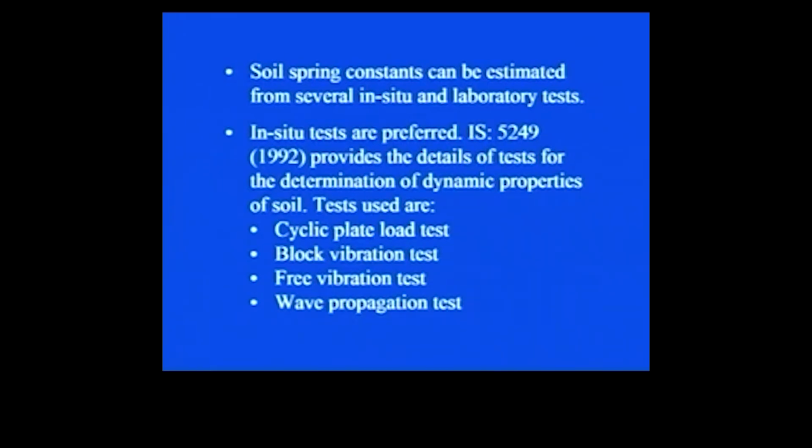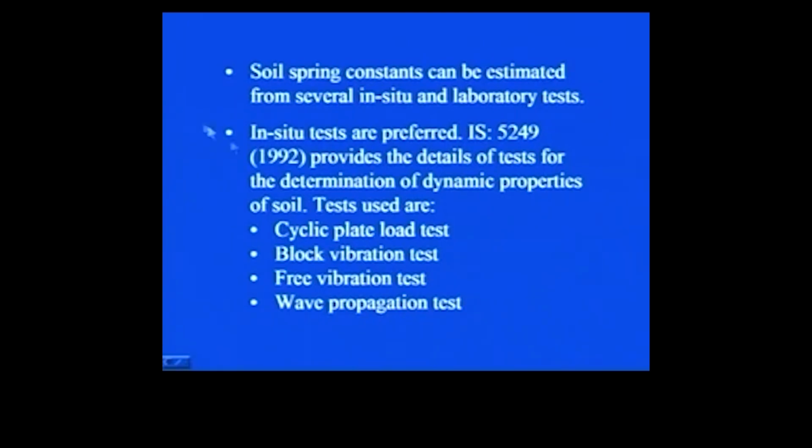The Indian Standard Code of Practice, IS 5249 1992, provides the details of tests for the determination of dynamic properties of soil. These tests are cyclic plate load test, block vibration test, free vibration test, and wave propagation test.